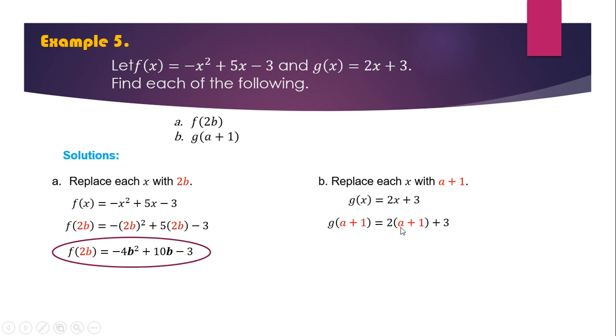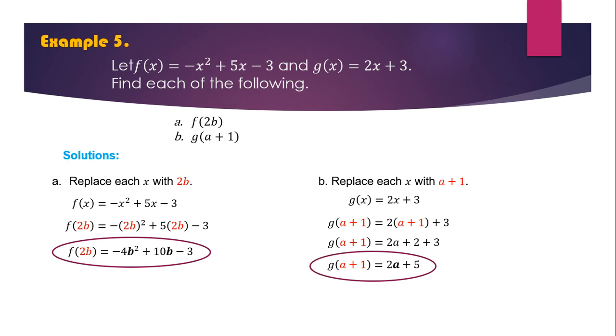So let us distribute 2 in the parentheses. 2 times a is 2a, 2 times 1 is 2. So it becomes g of a plus 1 equals 2a plus 2 plus 3. So you can combine 2 and 3. Therefore, the final answer is g of a plus 1 is equal to 2a plus 5.